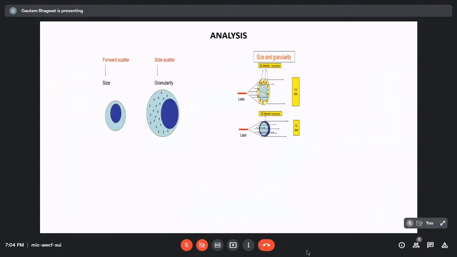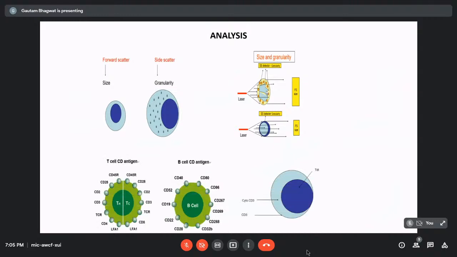So coming to the analysis, what are we analyzing? As I have already mentioned time and again, this is what I want to emphasize again and again. Size is forward scatter, granularity is side scatter. These are the inherent properties of a cell. And then there are definite markers, which are either surface markers or present in the cytoplasm or on the nucleus.